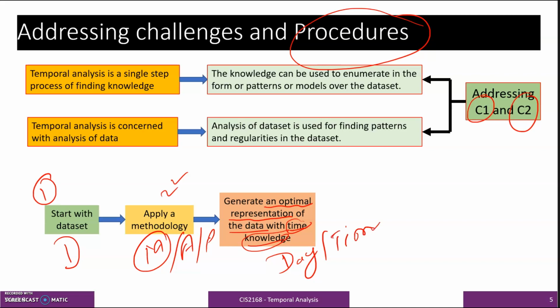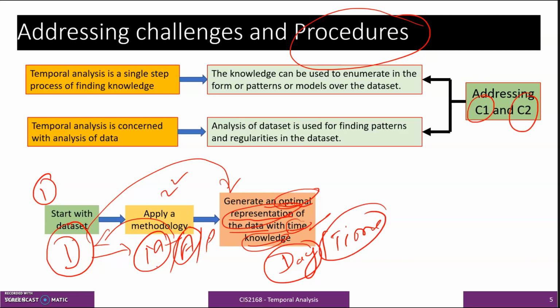So you have a data set D. You need to find some appropriate methodology or some approach, some algorithm which you will apply on this data set, and the aim is to present this data set in an optimal manner, and this representation will contain some information related to time, that is day and time for this data. And then in this data we have some variables V, and using this representation we can analyze the behavior of this variable V which is present in this data set.